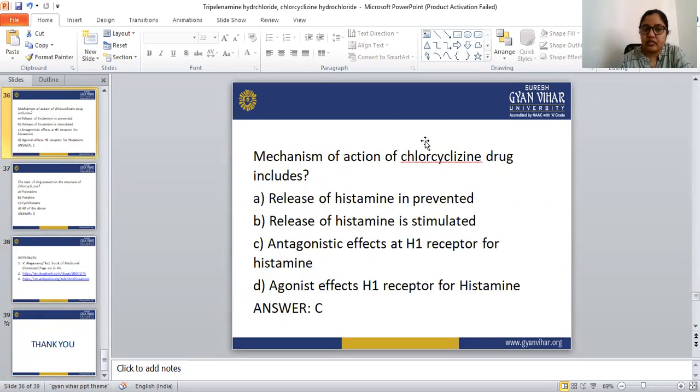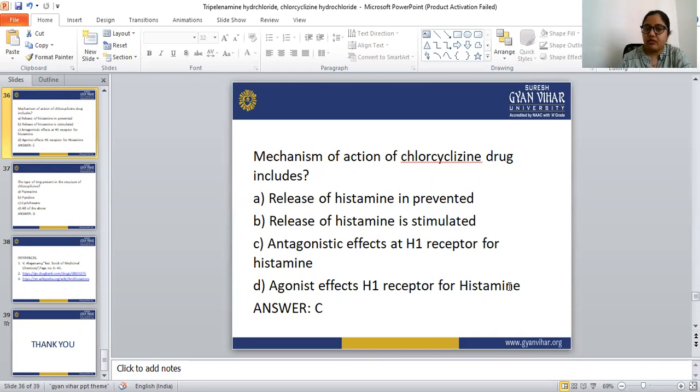Next question: the mechanism of action of the chlorcyclizine drug includes release of histamine is prevented, release of histamine is stimulated, antagonist effect at H1 receptor for histamine, or agonist effect at H1 receptor for histamine. The mechanism of action of chlorcyclizine is an antagonistic effect at the H1 receptor for histamine.